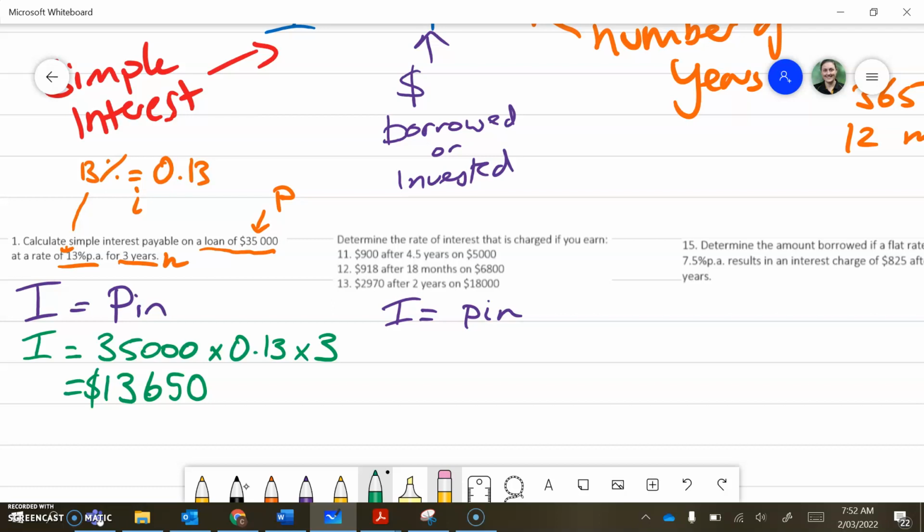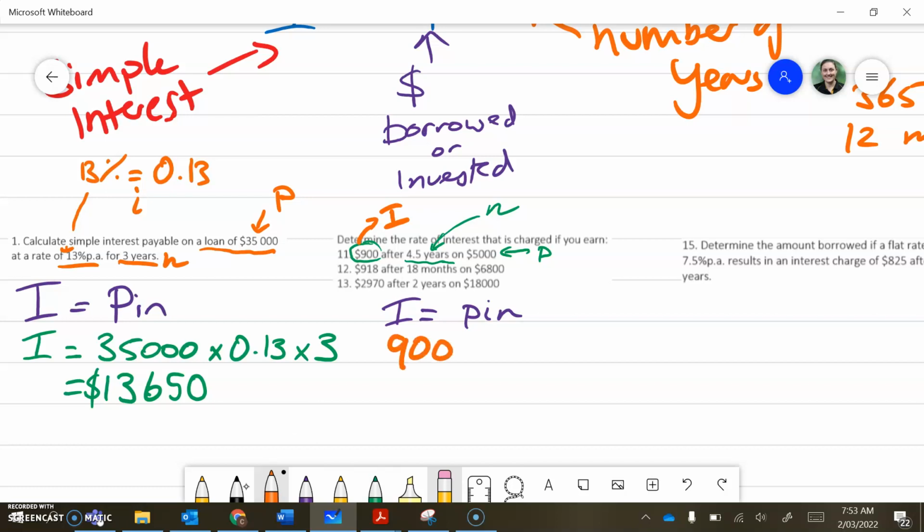If I earn $900, that is my interest earned, so this is my capital I. It's after 4.5 years, so 4.5 years is my number of years. And it was on $5,000, so that's my principal.